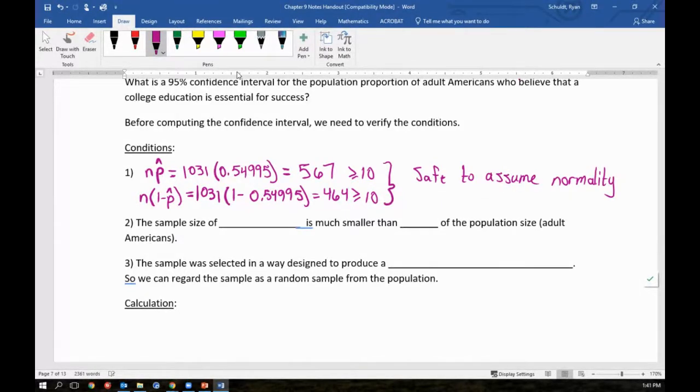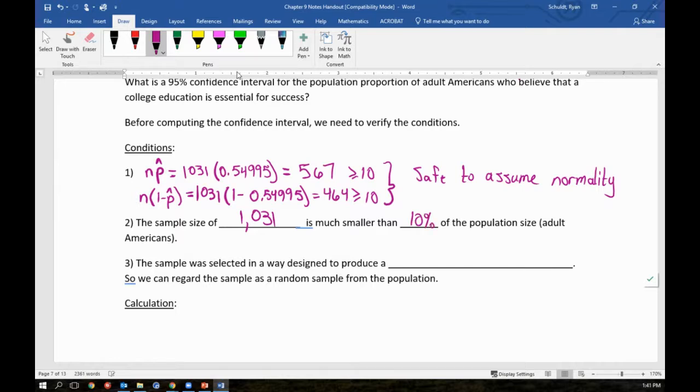Okay, so we meet that condition. We can check that one off. Now, the sample size of 1,031, well, we're saying it's much smaller than 10% of the population size.